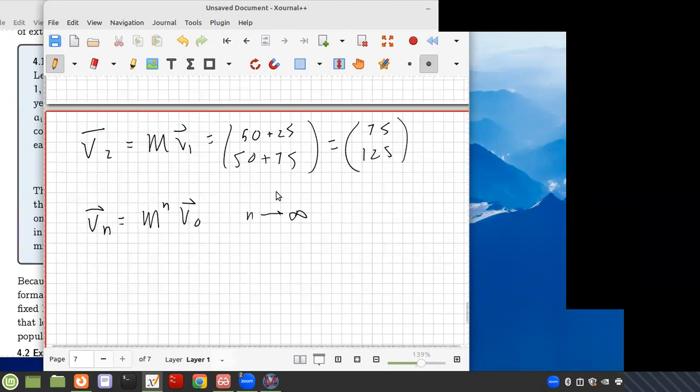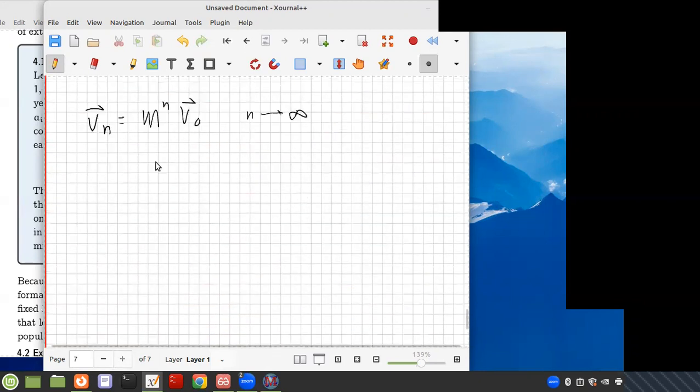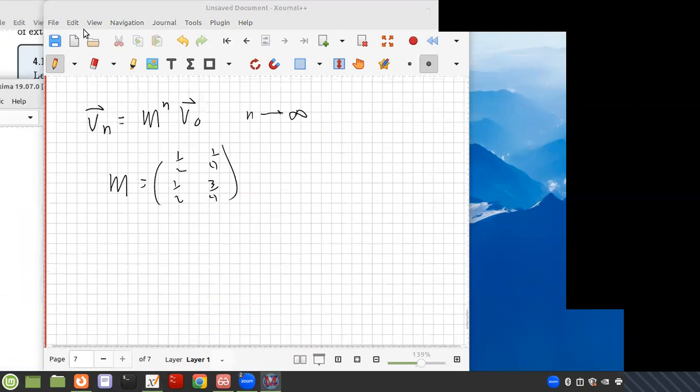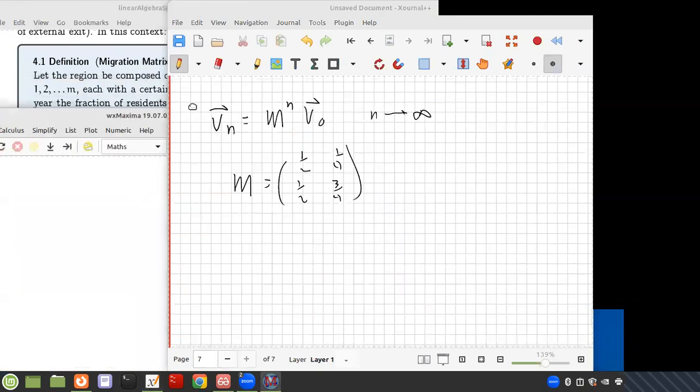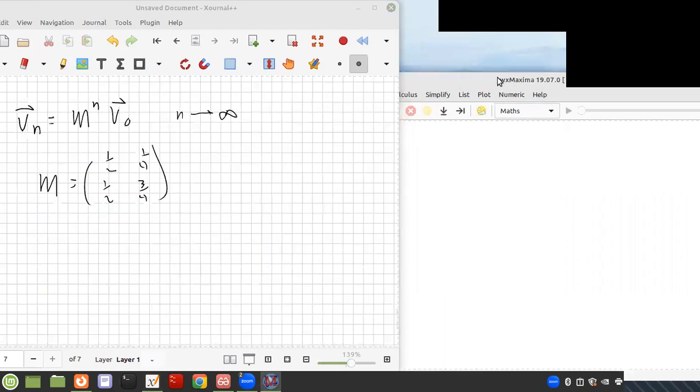So we have a matrix M which equals 1/2, 1/2, 1/4, 3/4, and we want to find M to the n. That means we need to do this whole procedure of finding the eigenvalues and so on.